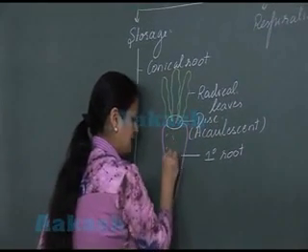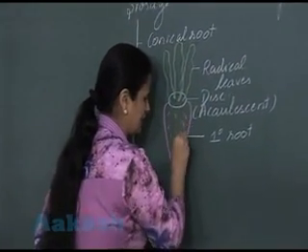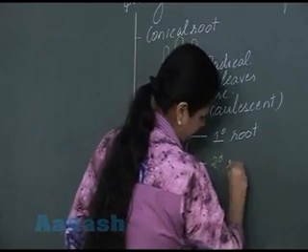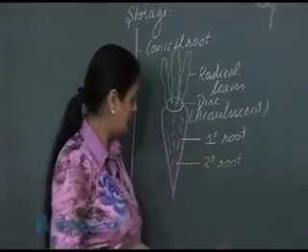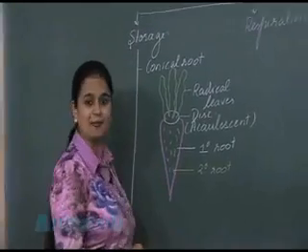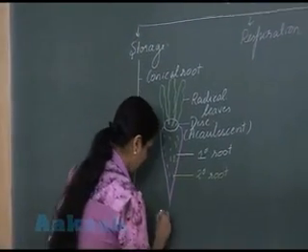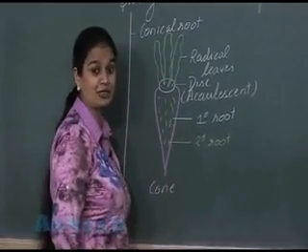So you can see here the lateral roots, the secondary roots, they are reduced here. Right? So in this case you can see what is the shape of the taproot. The shape of the taproot is like a cone. It has conical shape. That's why it is known as conical root.